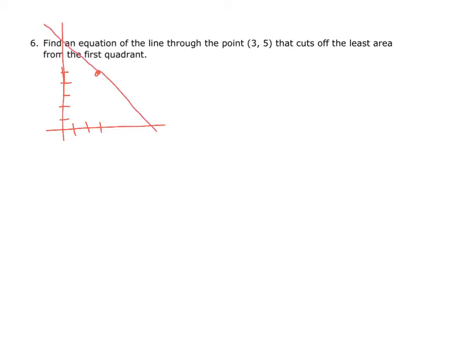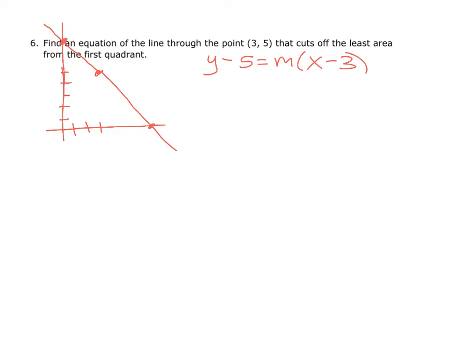So it's going to be something like that, right? So what do we know? Think about what you know here. So the equation of that line is y minus 5 equals m times x minus 3.